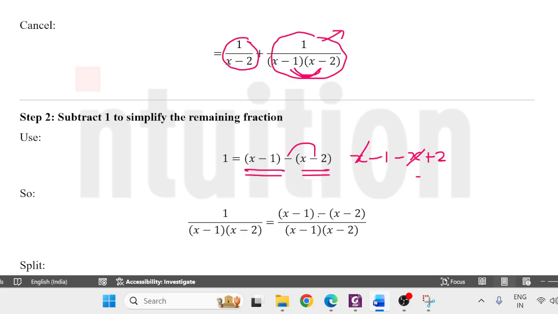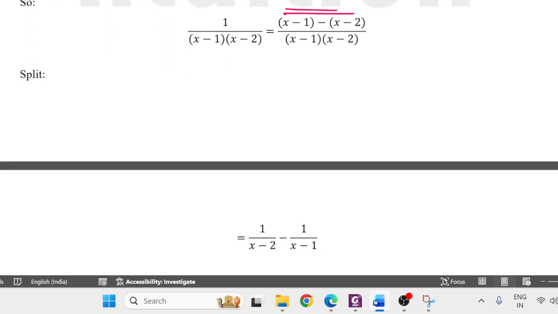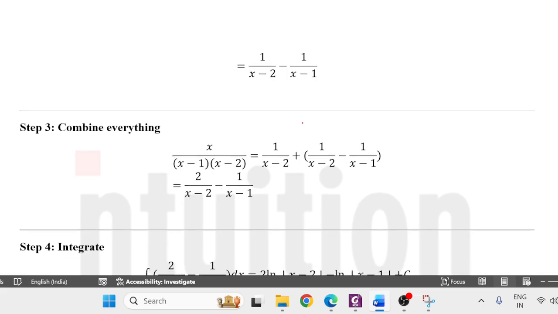If you open this, this kind of stuff will come because of the difference, and then again we'll split this part also as we learned. So that gets cancelled and it becomes how much? If you have a doubt, we'll write it as (x minus 1) minus (x minus 2) divided by (x minus 1) into (x minus 2).